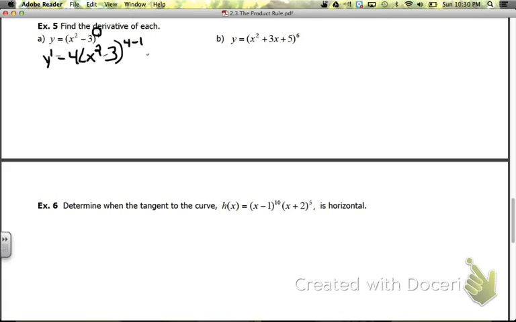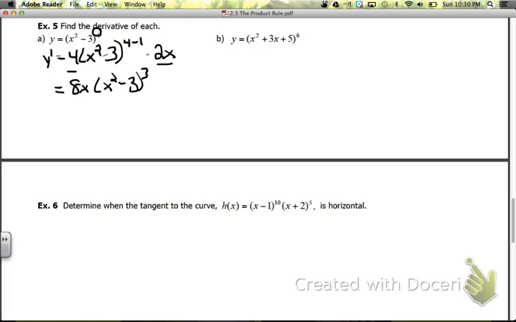And now we multiply it by the derivative of x squared minus 3, which is just 2x. Now we can multiply that 2x by our 4 because they are just constants. So that's equal to 8x times (x squared minus 3) all to the power of 3.